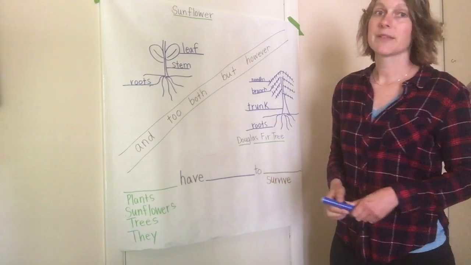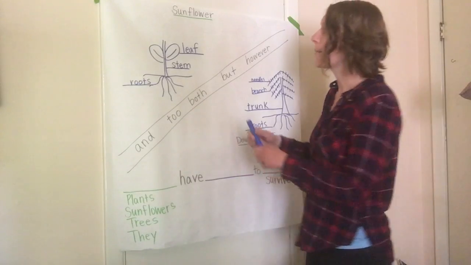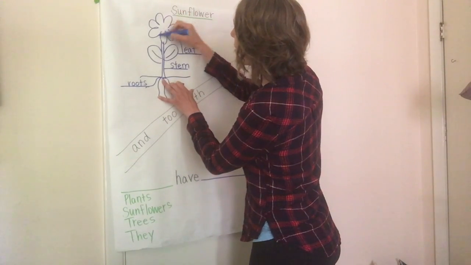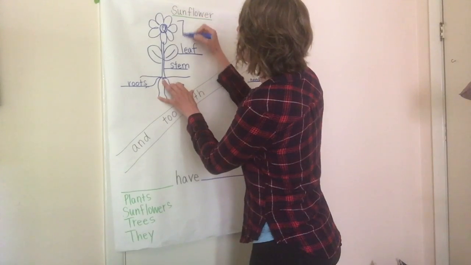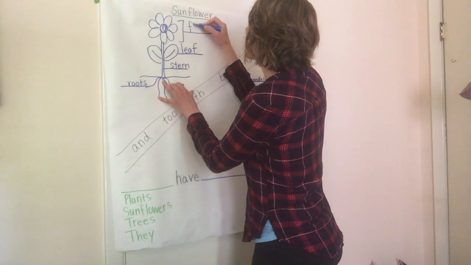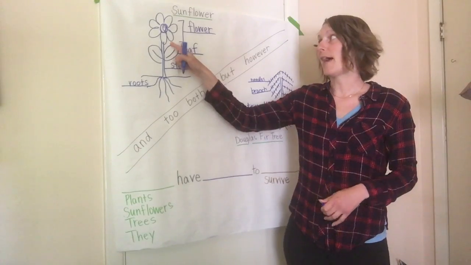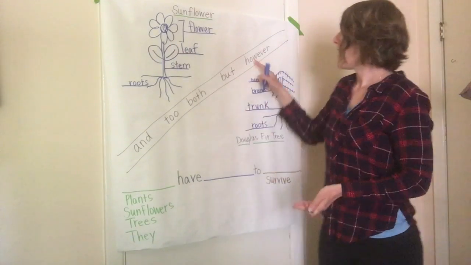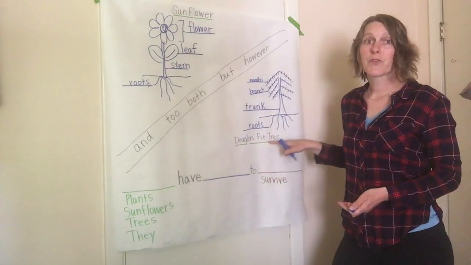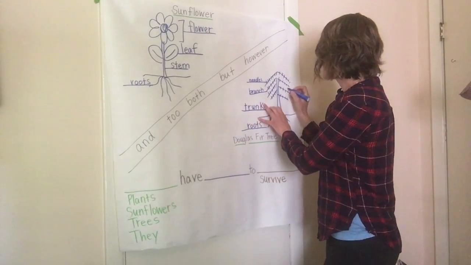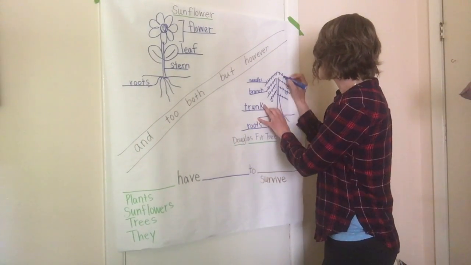Let's keep talking about the sunflower. The most important part, this is why we plant them in our yards and in our garden, is the flower. Sunflowers have flowers. However, Douglas fir trees do not. Douglas fir trees have cones.